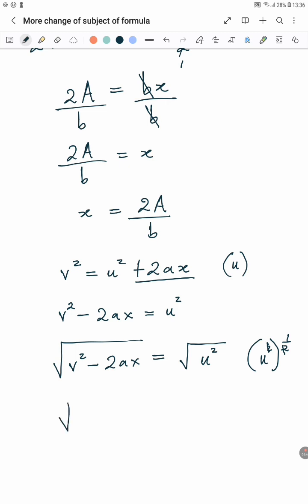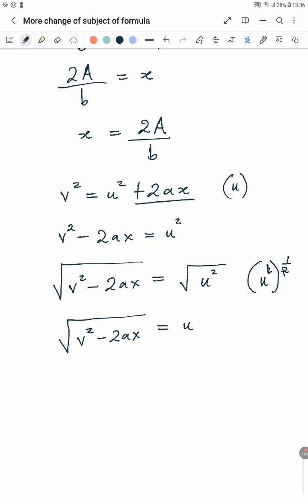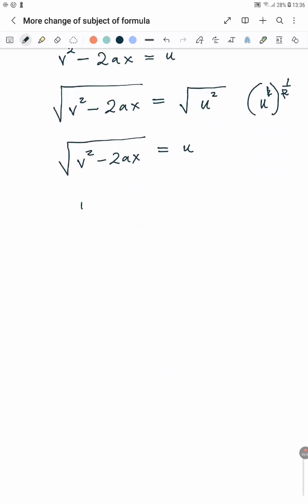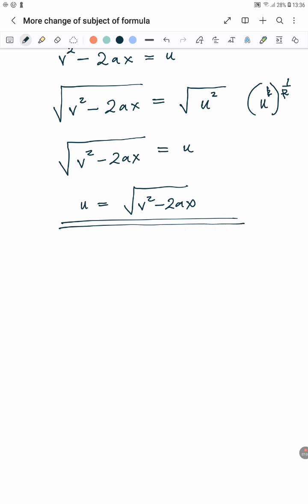And our next expression will look like square root of v squared minus 2ax is equal to u. And then you can write your final answer as u is equal to the square root of v squared minus 2ax. So here you will be done changing the subject of formula.